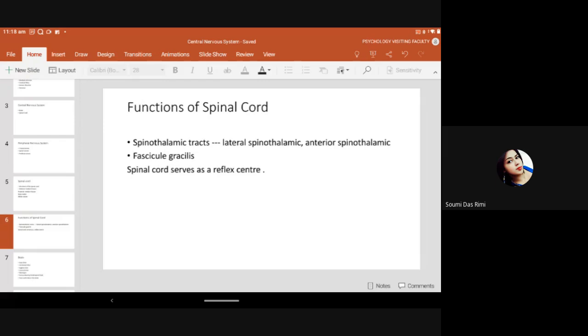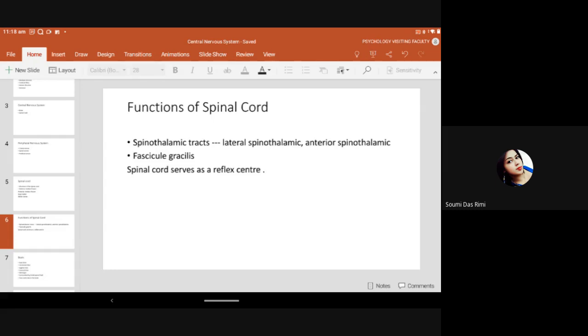Now, what do you mean by kinesthesia? Kinesthesia is the awareness of the position and movement of the parts of the body by means of sensory organs in the muscles and joints.